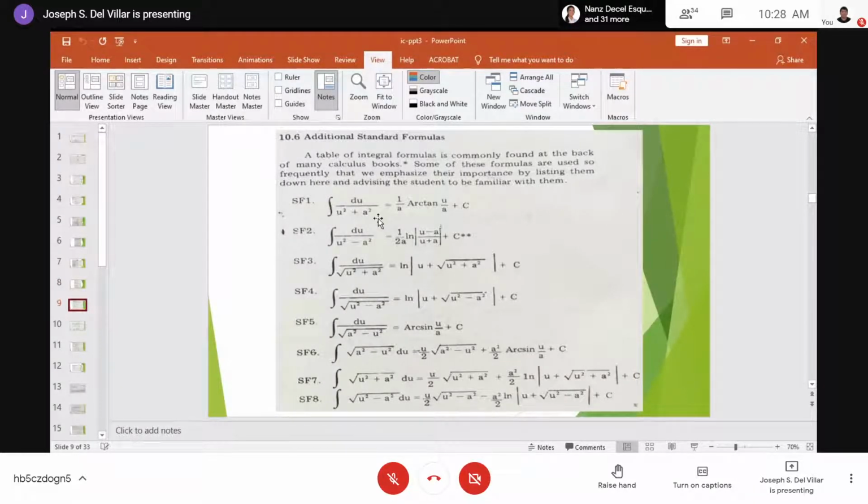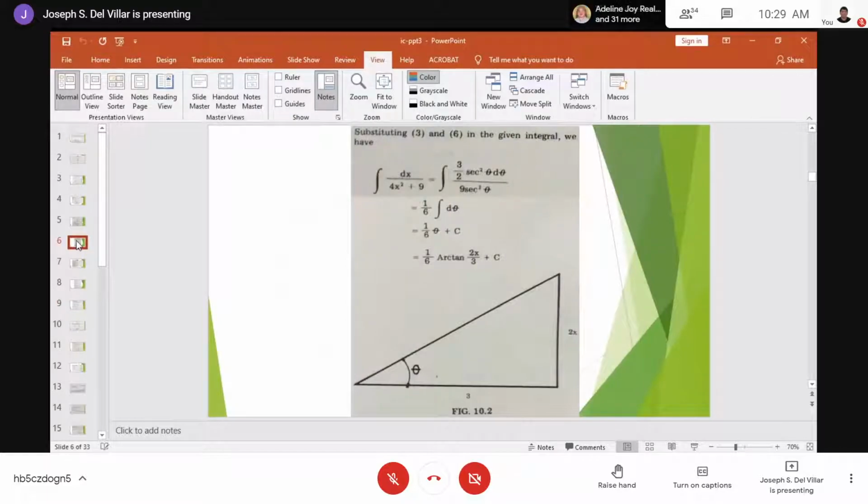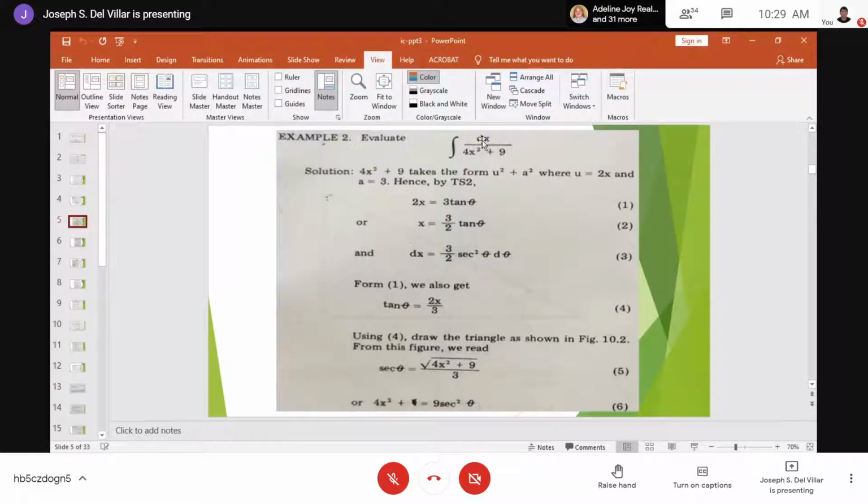May condition pala dito. These standard formulas are applicable only, provided that du is an exact differential of u. Eh since yung u natin is 2x, tapos yung given is dx, so may kulang dito, di ba?